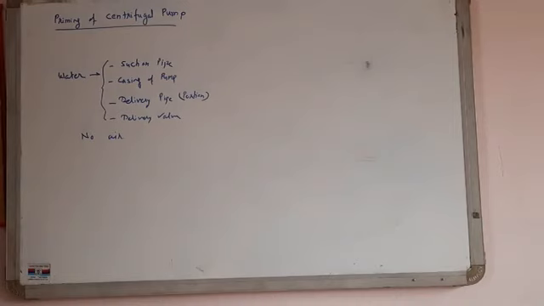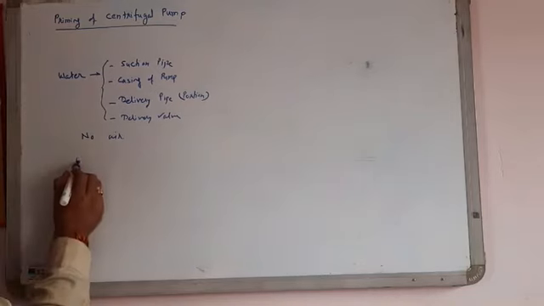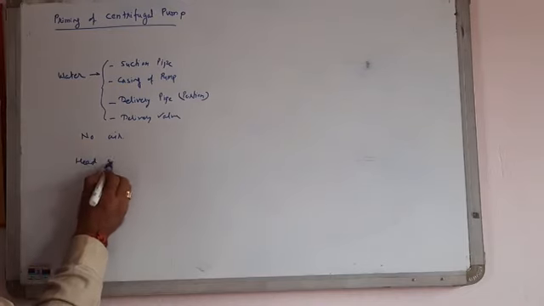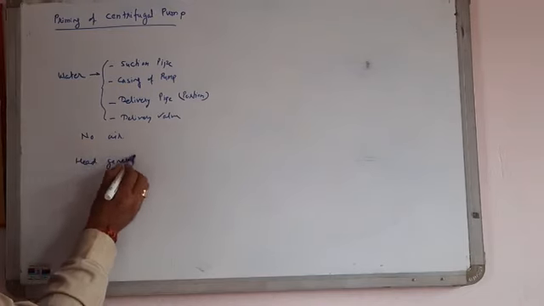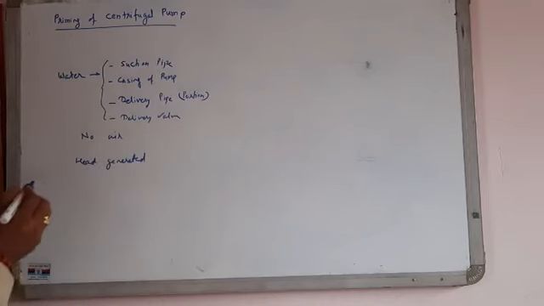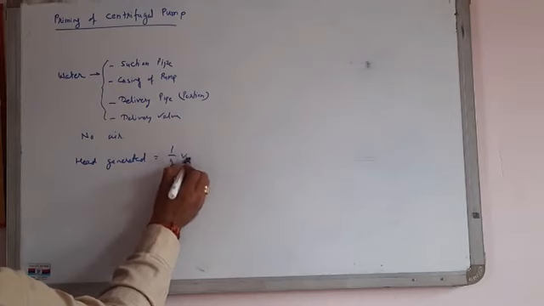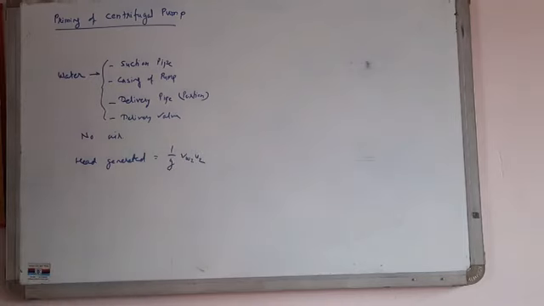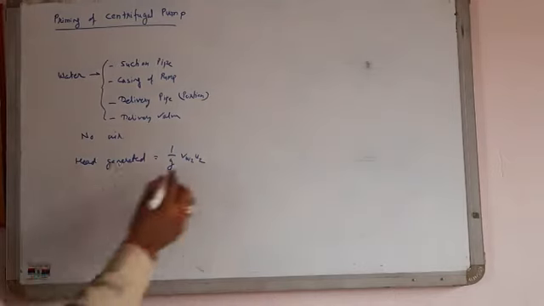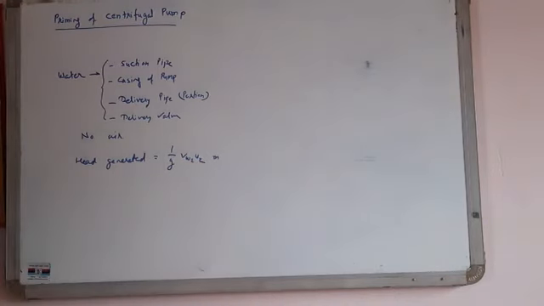The work done by impeller per unit weight of liquid per second is known as head generated by pump, and this head generated by the pump is 1/g Vw2 U2 meter.